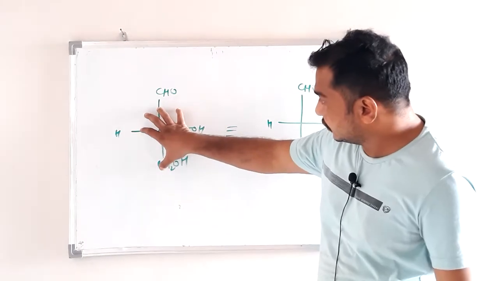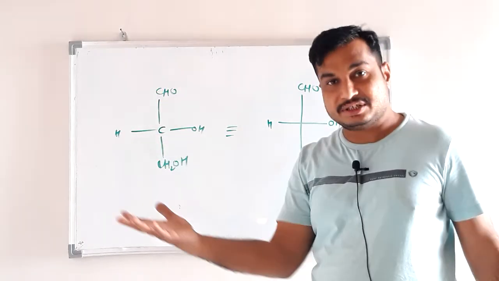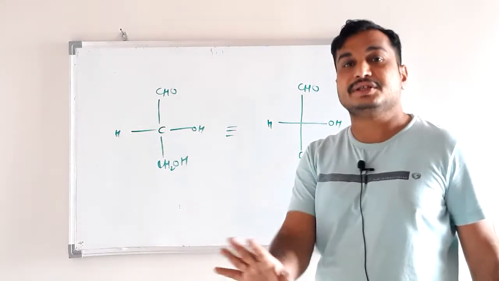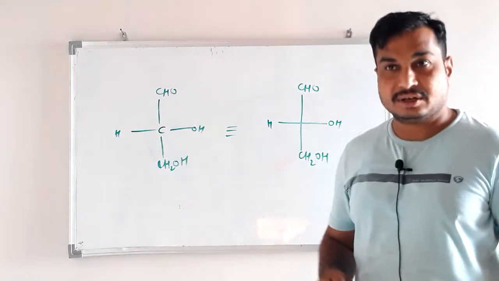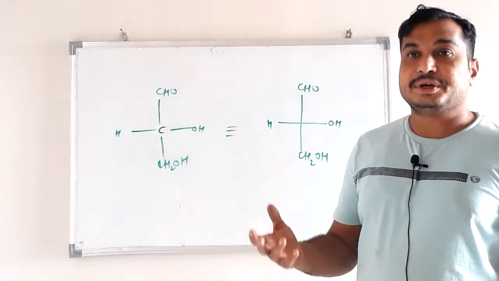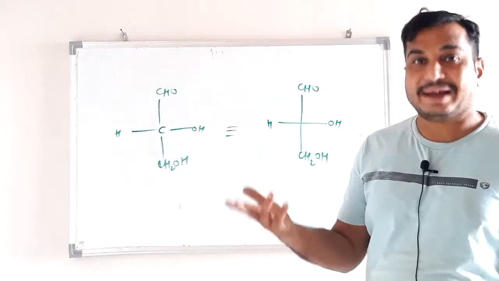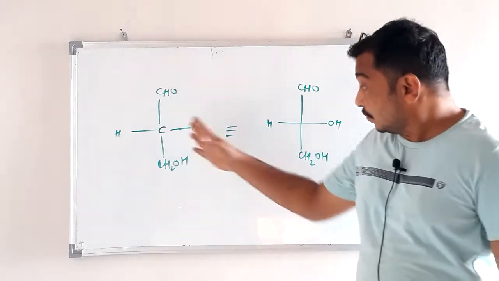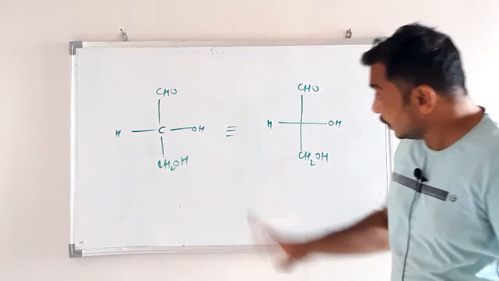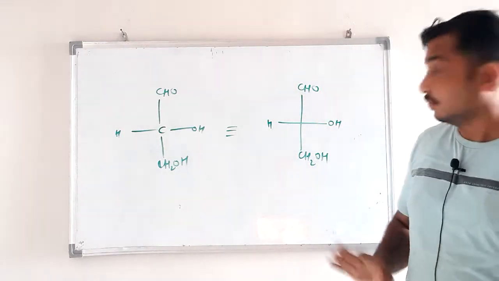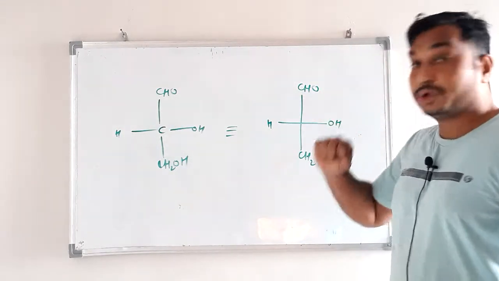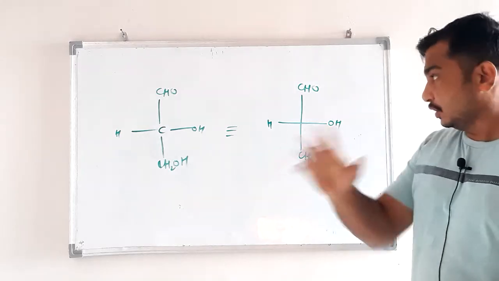If this structure is in three-dimensional form, then it is very easy, because in that structure we can identify which group is on the front side and which group is on the back side. But for this, what do we have to do? Here we don't know. For this, how do we give the RS notation? Very simple.